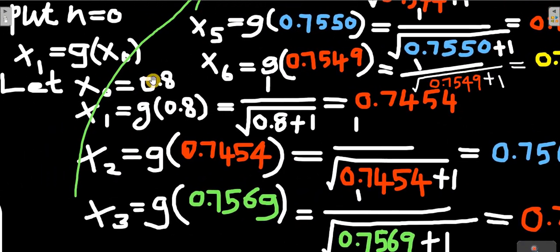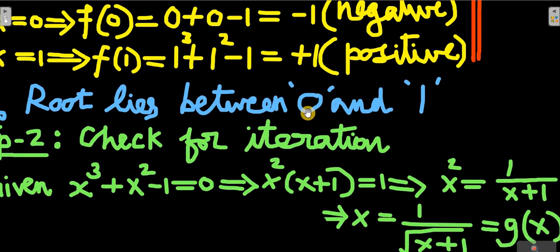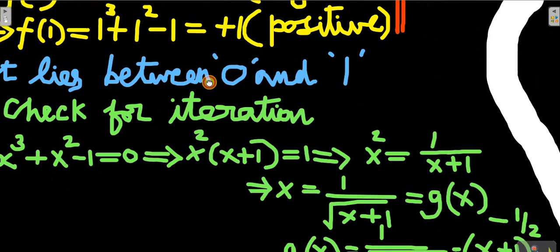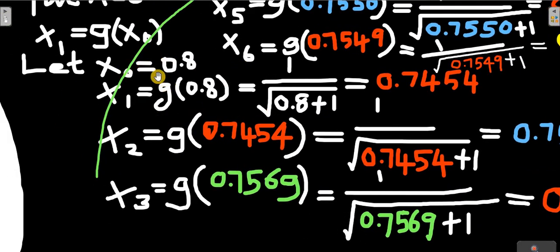Any value between 0 and 1 can be taken as the initial approximation. The initial approximation, since we located the root, can be anything in between. Okay, 0.56 or 0.2, whatever it may be, we can take. I take 0.8.